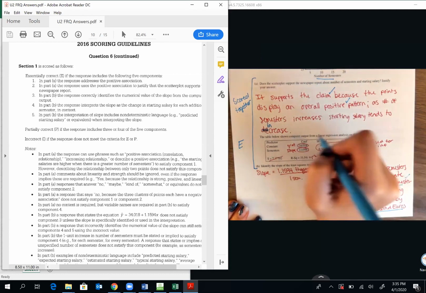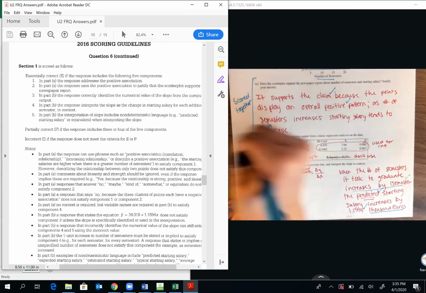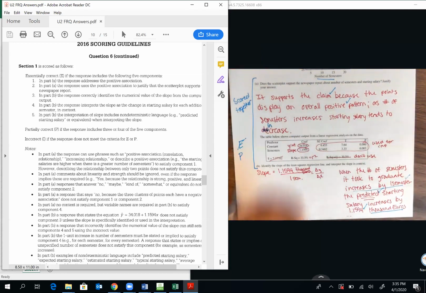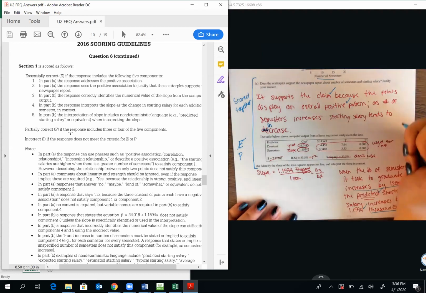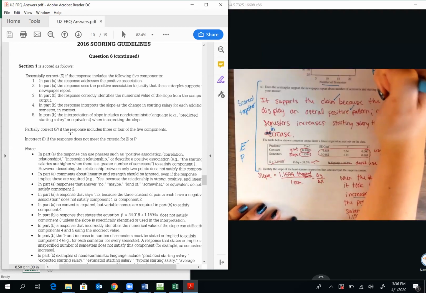I did say something wrong here, actually, so I probably would go down to a partially correct. Unfortunately, for a very small mistake. That's why you always want to check your work before you continue. So partially correct is 3 of the 5 or 4 of the 5.